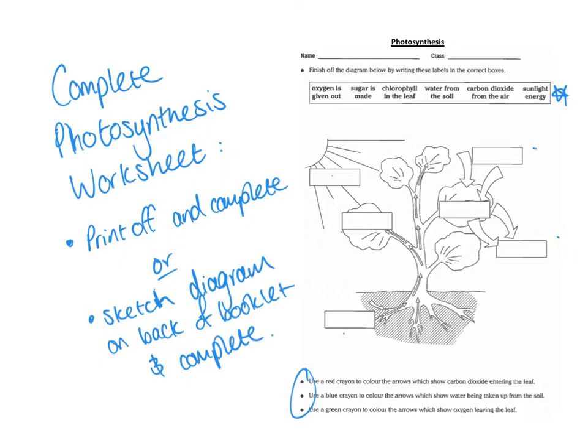So you might want to have at the side of your diagram, so red, you could put a red arrow, and you could say that is carbon dioxide. Okay, so if you sketch it out yourself, you will need a little key as to what colour represents what. So pause the video now and have a go at that worksheet.